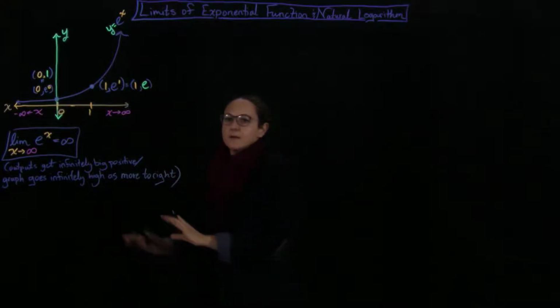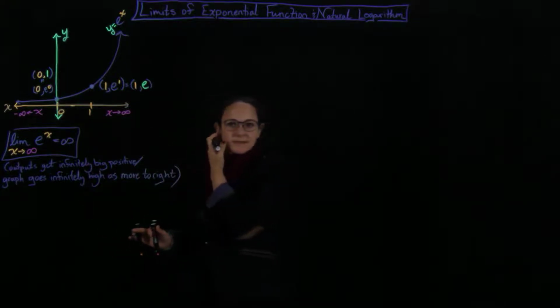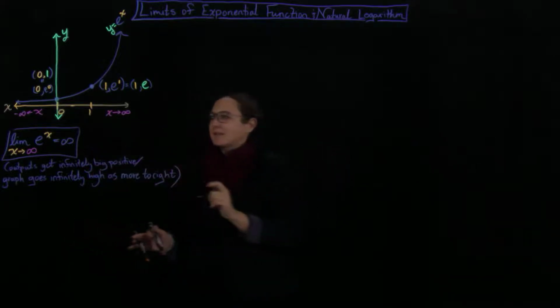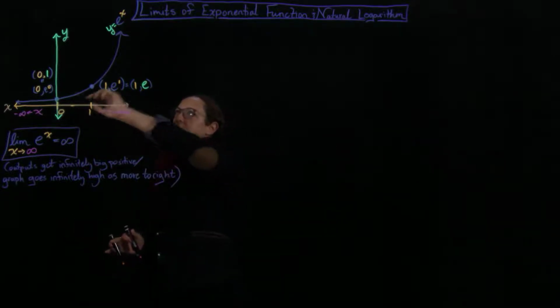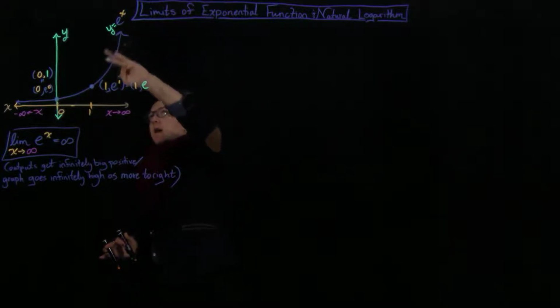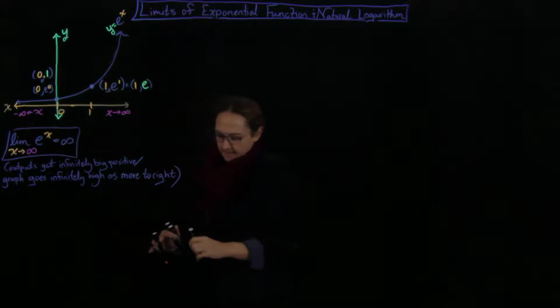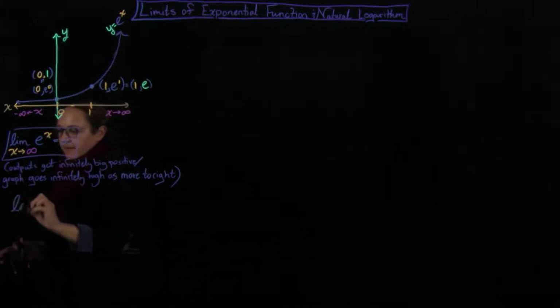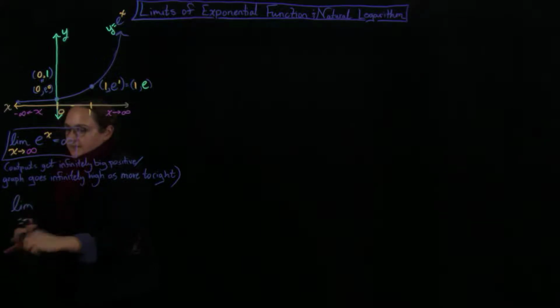Okay, so that's what's going on with this one. Why is this true? The outputs are getting infinitely big positive, or we look at the graph, and as I move to the right, it goes infinitely far up. This is the output getting infinitely big. Okay, so let's do another one. So we have the limit as x goes to negative infinity.